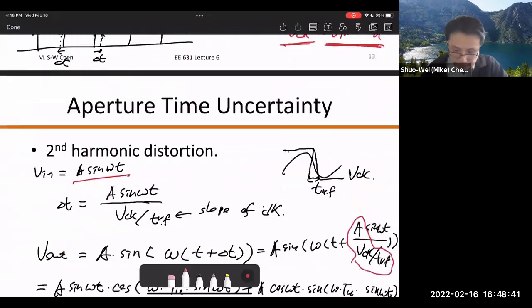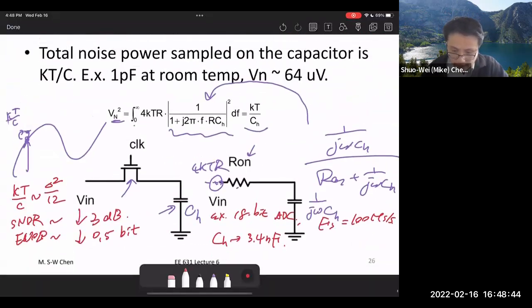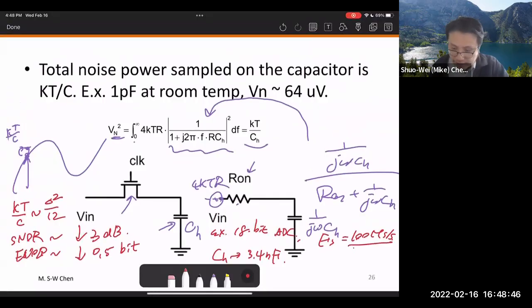So in this case, if I assume that I use half the clock period, so my clock is 100 megahertz, and I use half of it for the tracking time, and I calculate for 18-bit, you can calculate how many tau you need. That's a large number of tau that you need for the tracking.